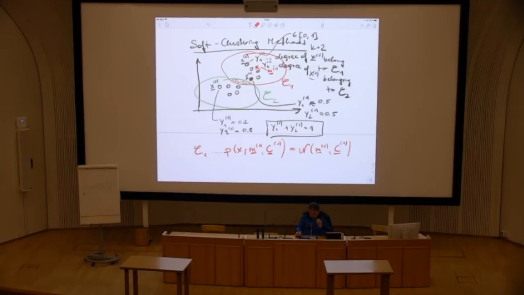In addition to the mean vector, in soft clustering, we also try to model the extent or shape of the cluster. So we use this covariance matrix to encode the shape of a cluster. It might be very skewed in one direction or in another direction, and this can be encoded in a covariance matrix.